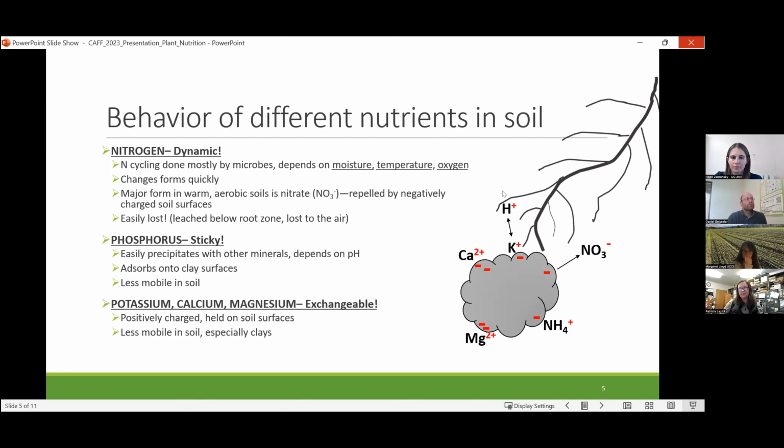For example, roots can produce hydrogen ions in order to get them, and they can exchange with the soil solution. So these will be less mobile in soil than nitrogen, but more so than phosphorus. Probably leaching won't be too much of an issue. And because they're held on these clay surfaces, the more clay you have, the more cations that soil will hold and the more strongly it will hold them.